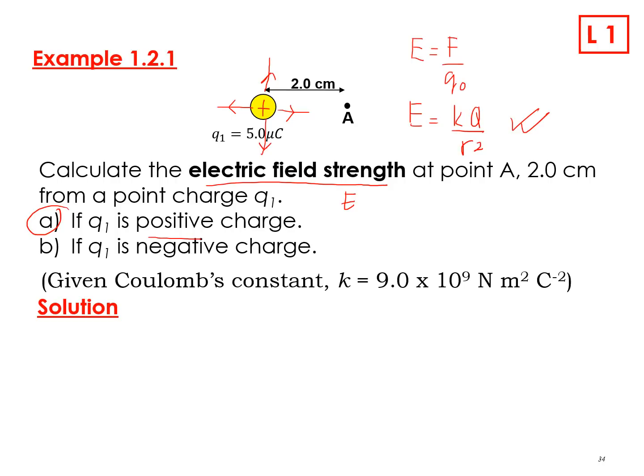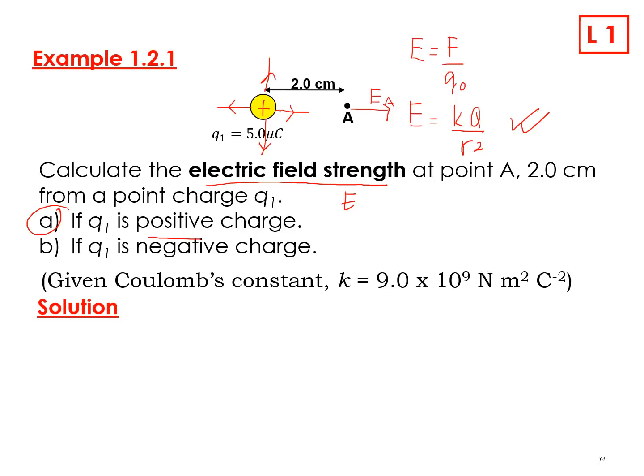So this is point A, and this is the direction of E at point A if the point charge is positive.